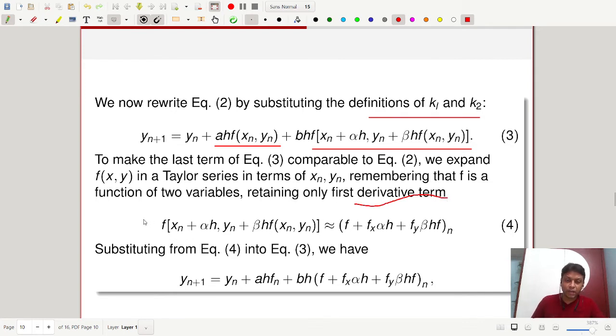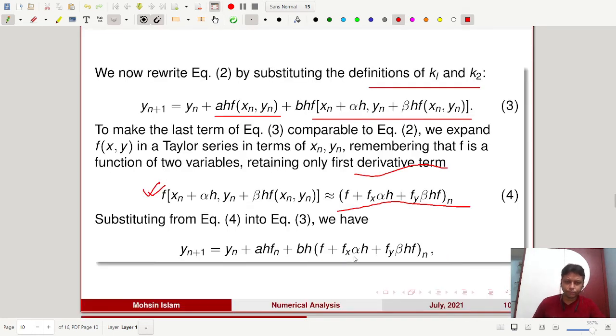So the last term of equation 3 can be written as f plus the partial derivative of f with respect to x times alpha h, plus the partial derivative of f with respect to y times beta h fn. Substituting from equation 4 into equation 3, we have yn plus 1 equal to yn plus a h fn plus b h times this one. You are substituting in equation 3, using 4, and you arrive at that.